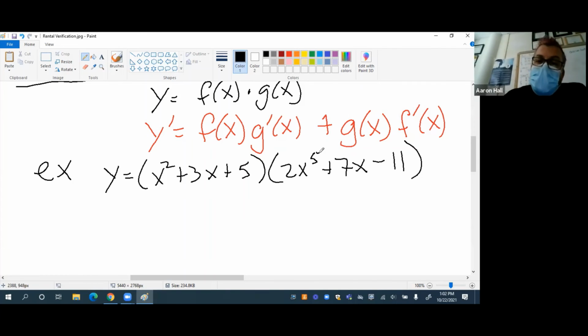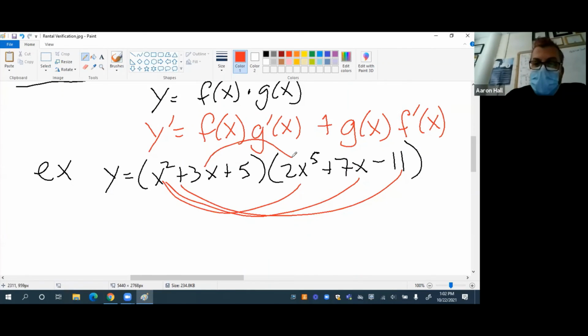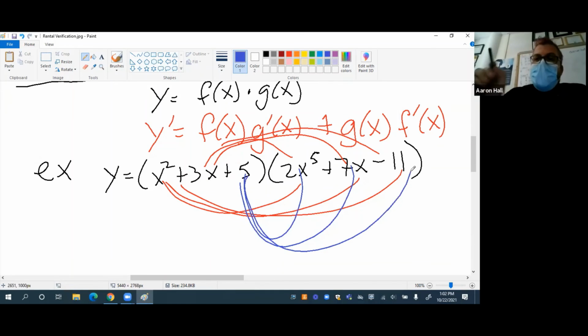Now, without the product rule, we could distribute, combine our like terms, and then take the derivative of each individually.